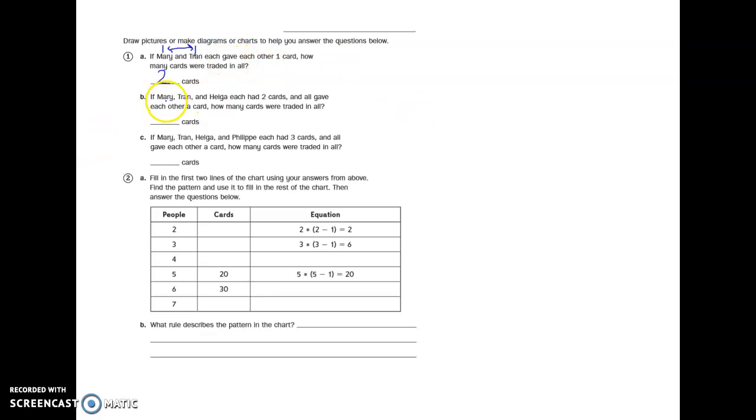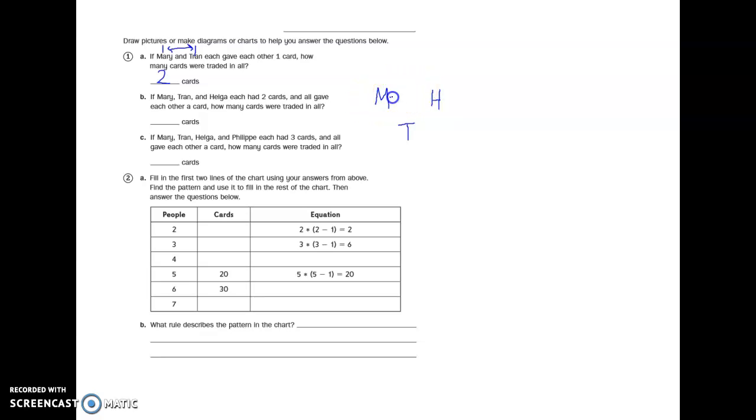Yeah, so if Mary, Tran, and Helga each had 2 cards and all gave each other a card, how many cards were traded in all? So you have something like Mary, Tran, and Helga all trading cards.